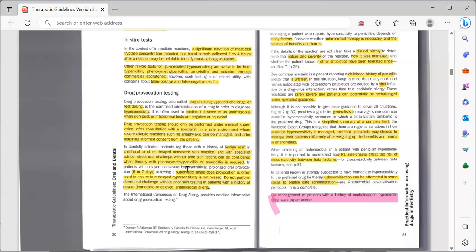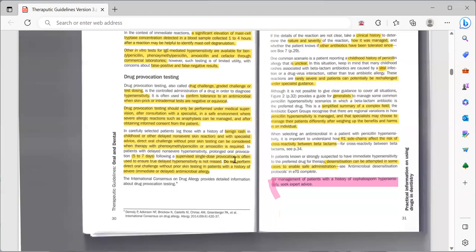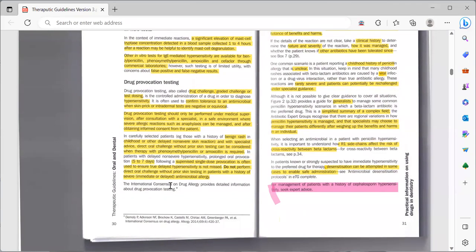In patients with delayed non-severe hypersensitivity, prolonged oral provocation, like maybe if the patient has a history of delayed reaction, then they may need to give him the drug for 7 days following a supervised single dose provocation, often used to ensure the delayed hypersensitivity is not missed. Do not perform direct oral challenge without prior skin testing in patients with a history of severe reactions.